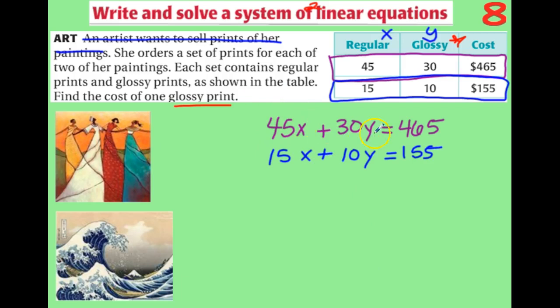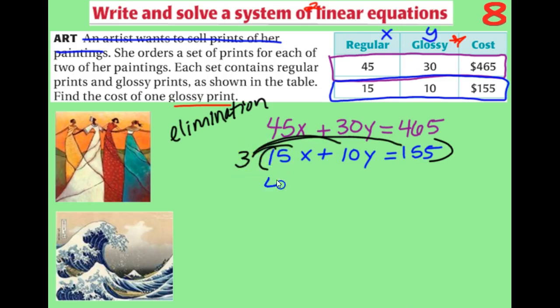So this is set up nicely already to use elimination, but we don't have the same numbers. To me, 10 we can multiply by 3 to get 30, or we could multiply 15 by 3 to get 45. So I'm going to multiply all of those out.